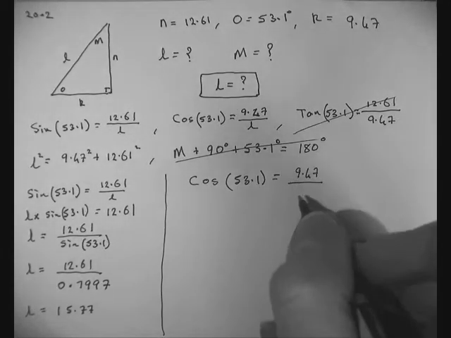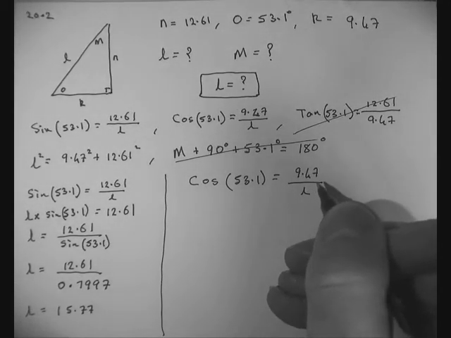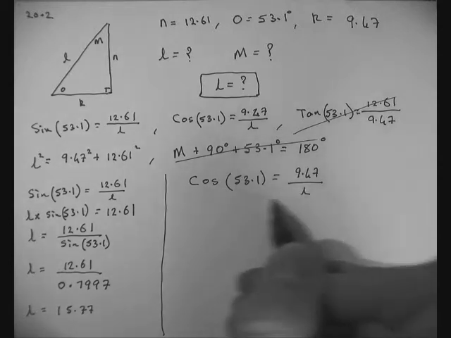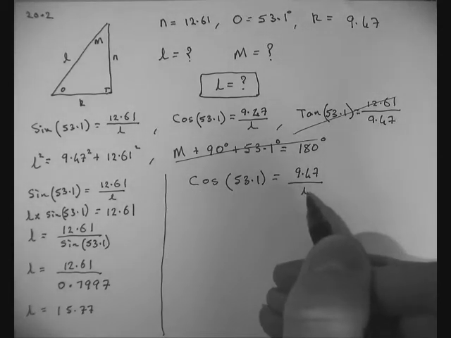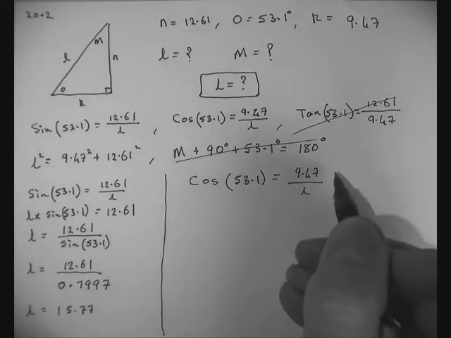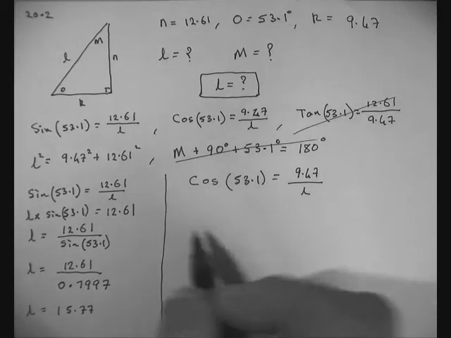We don't know what the hypotenuse is. In fact, we're actually looking for it. Now, we have L. We want to isolate it. It's the denominator in the fraction here. That's a divider. We want to get this over to the other side as a multiplier. If we multiply each side by L, we get L multiplied by 9.47 divided by L. They'll cancel and we just get 9.47.